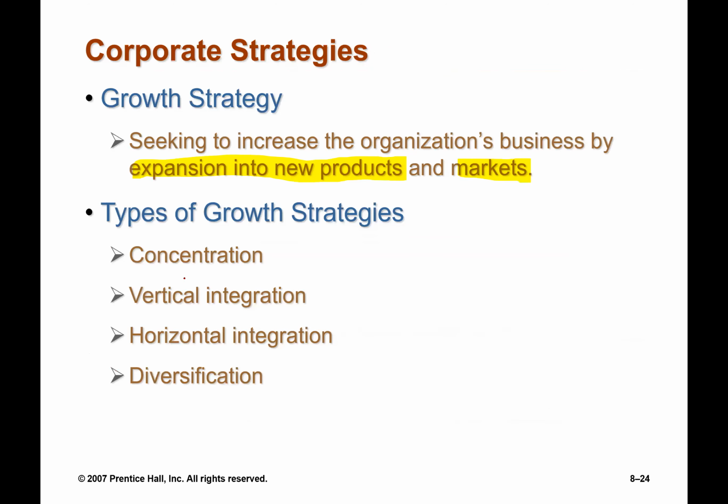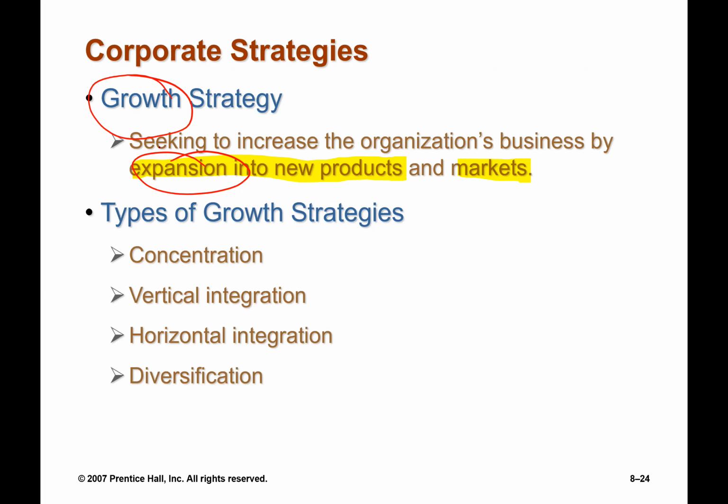Okay, so we go back to the types of strategy. First things first, growth strategy. What is the growth strategy? Growth strategy is basically expansion strategy. Normally, an organization's vision will always be to expand the business from small into medium, into big, and even into a mega corporation.